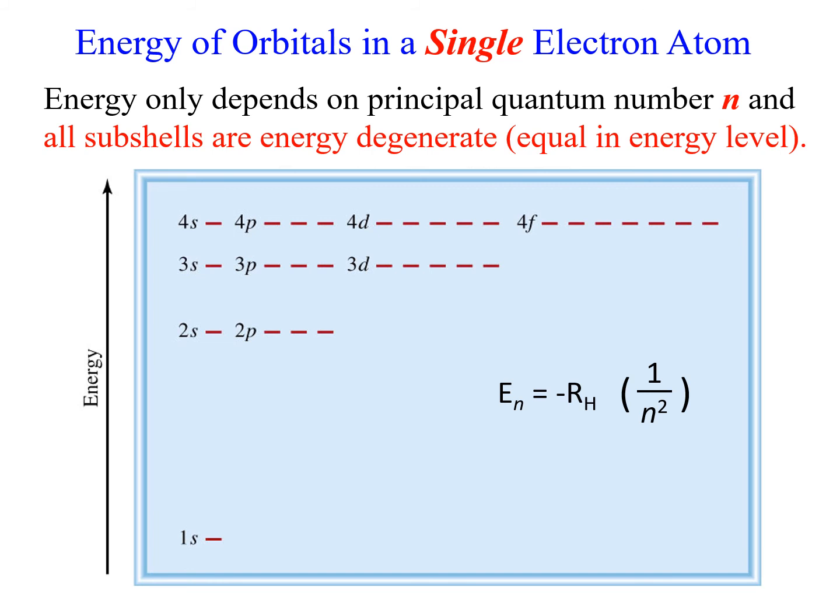And so you go from lower energy to higher energy, and they're energy degenerate according to quantum shells. So n is equal to 1, n is equal to 2, n is equal to 3, 4, and so on. But in the ground state, you're going to find that electron right down here at the lowest energy.